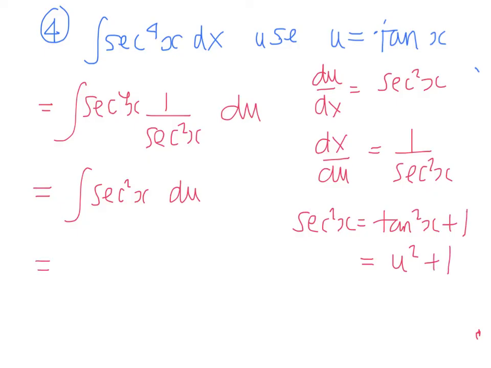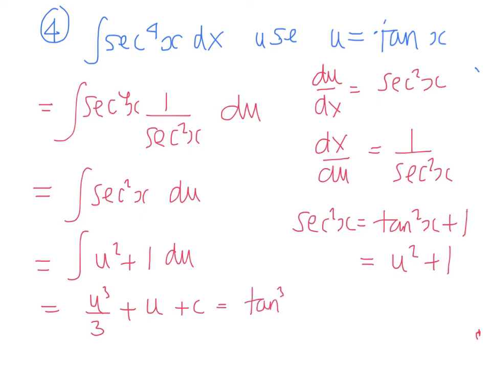So what we're integrating here is u squared plus 1 with respect to u. Okay, so that's going to be u cubed over 3 plus u plus a c. So we can just write that as tan cubed x over 3 plus tan x plus c.